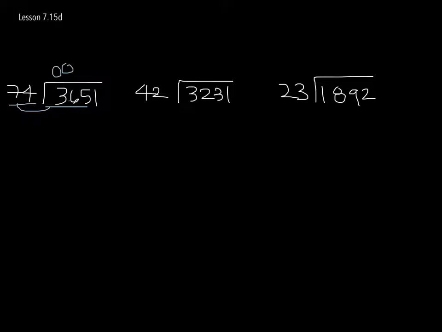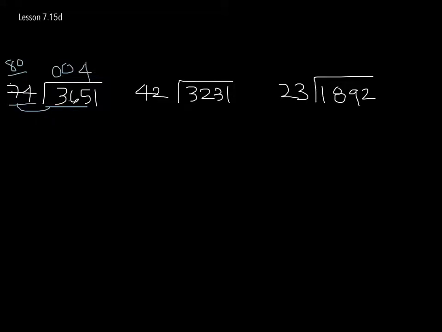Well, I know that this is close to 75, and 75 is 150, then 300. If I round this to 80, and I tend to round up when I do this, I'm going to get 8, 16, 24, 32. 40 is too big, so I'm going to go with 4.